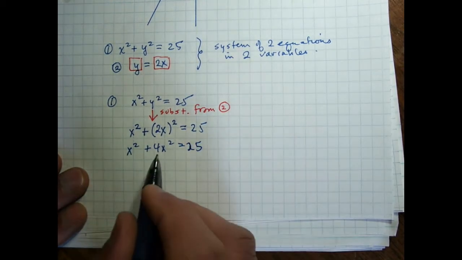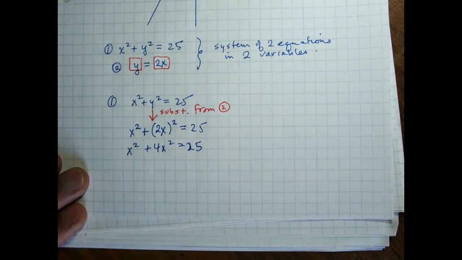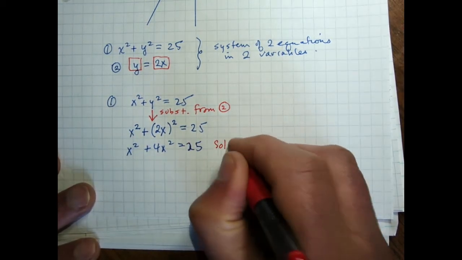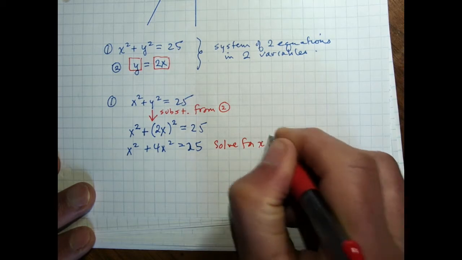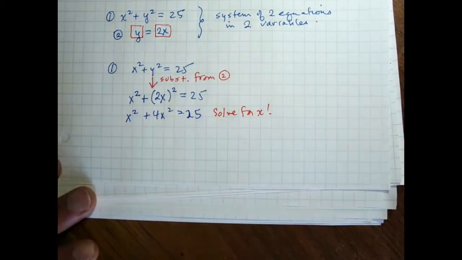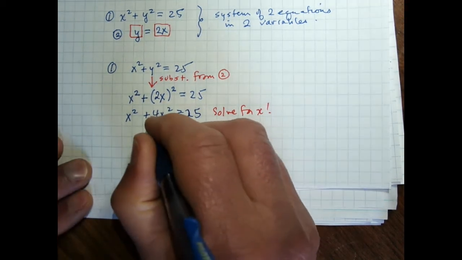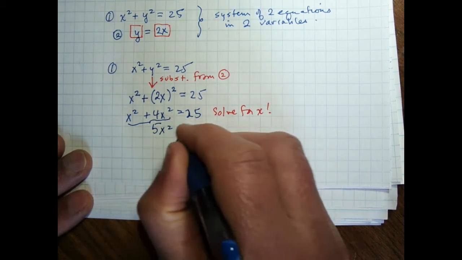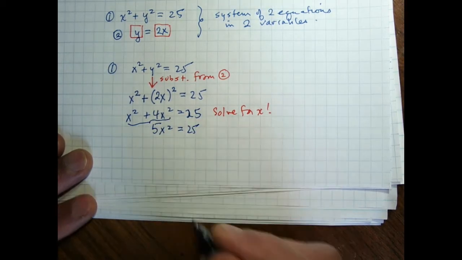And maybe I should say here, notice now that I only have one variable, so I can solve for x. The point of substitution is to get an equation with one variable that we can solve. I'm going to combine these two like terms. 5x squared is 25.